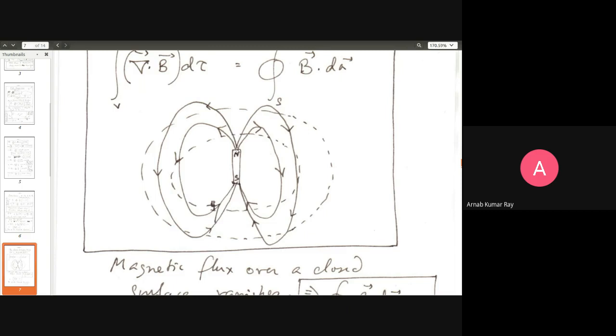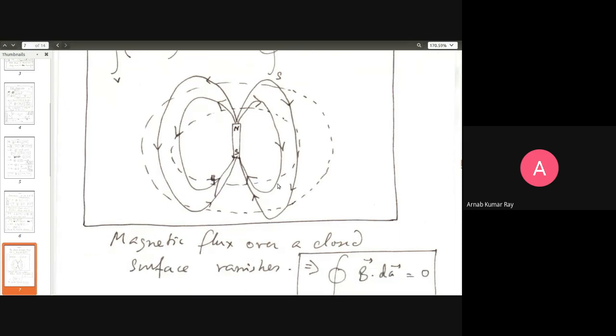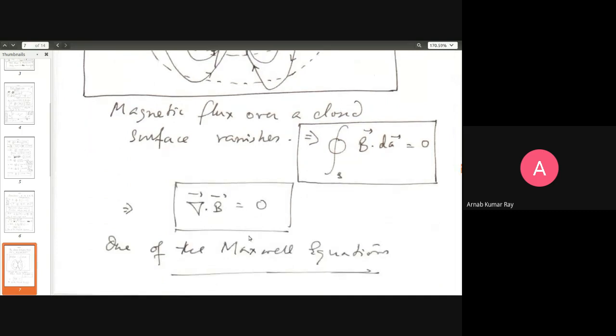It is coming out here, and at this point, it is going in. So that is the condition that you have. The net flux, the number of times a field line crosses this closed surface, will be equal to 0. Whatever number of times it goes out positively is equal to the number of times it goes in negatively. Okay, so magnetic flux over a closed surface vanishes. So divergence of B is equal to 0.